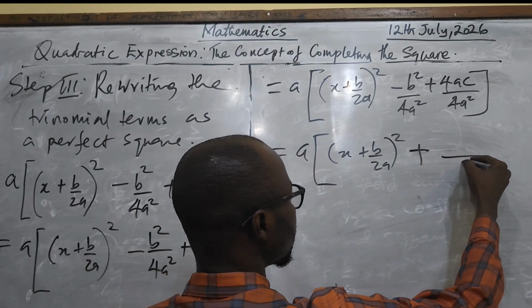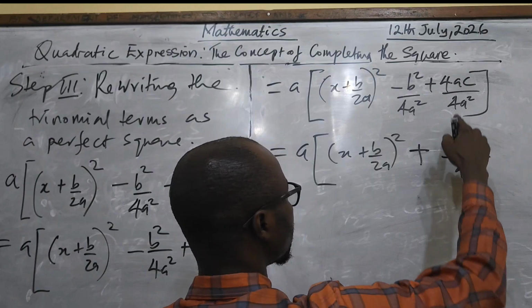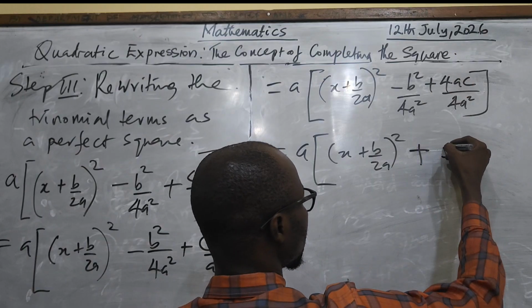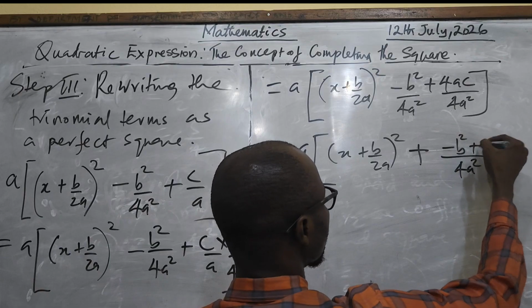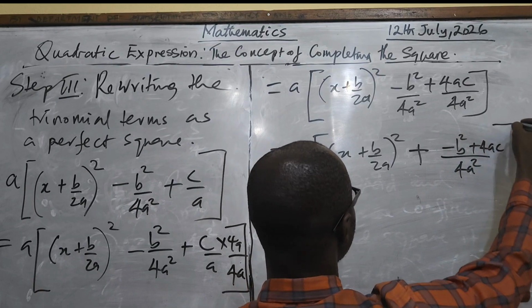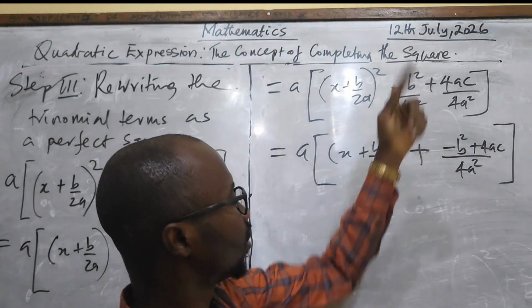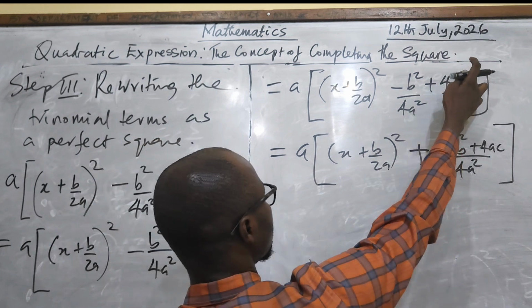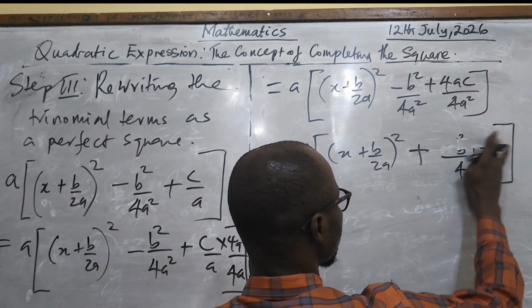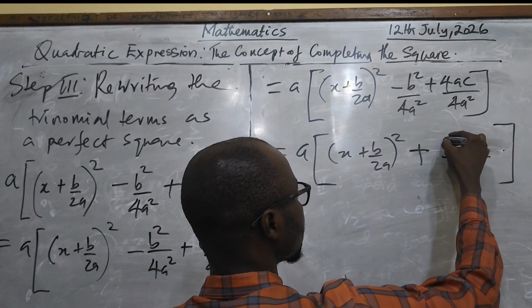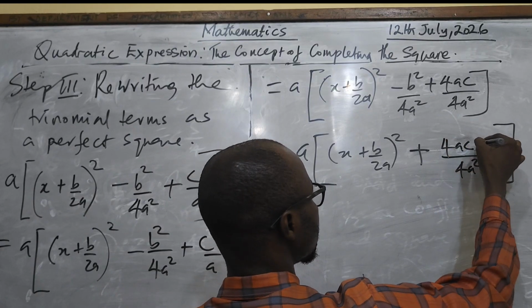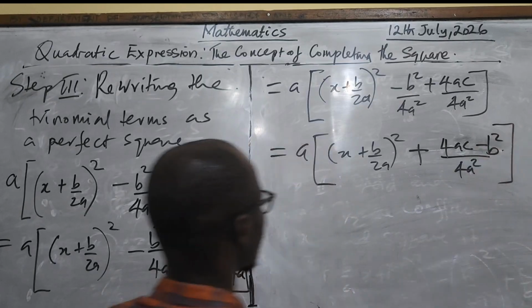This becomes 4a squared. So I will have negative b squared plus 4ac. Of course, I can simply swap here. So this is the same thing as 4ac minus b squared.